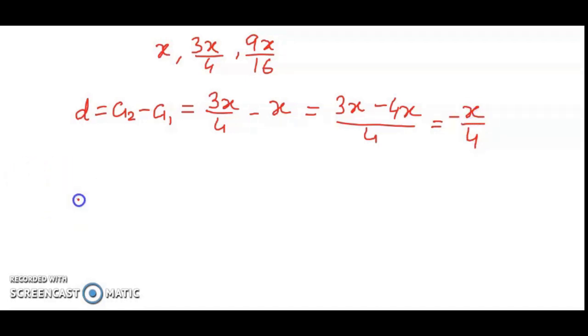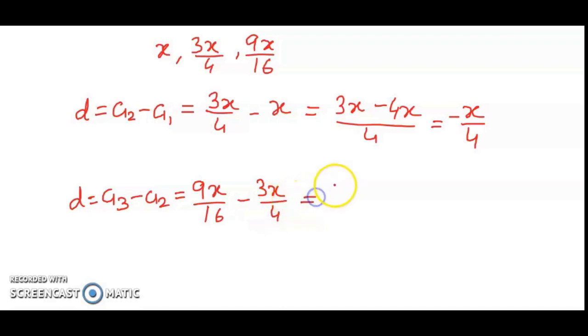Same way, the difference between third term and second term: 9x divided by 16 minus 3x divided by 4. Taking the LCM, it will be (9x minus 12x) divided by 16, so this will be minus 3x divided by 16.